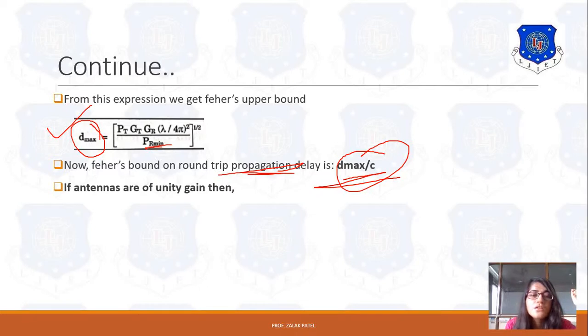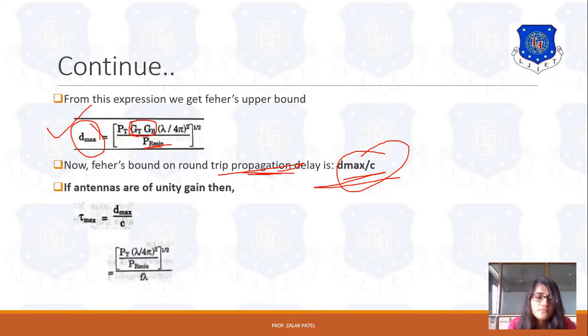For this equation, here we consider that GT and GR are equal to 1, means the antennas are unity gain antennas. So if we put GT and GR equal to 1, then the equation will be like this: PT into lambda upon 4 pi square upon PR minimum raised to 1 by 2 upon C. It will be like this: PT into lambda upon 4 pi square upon PR minimum upon F lambda.